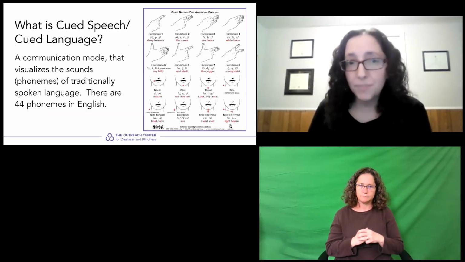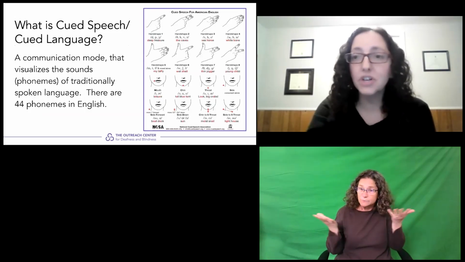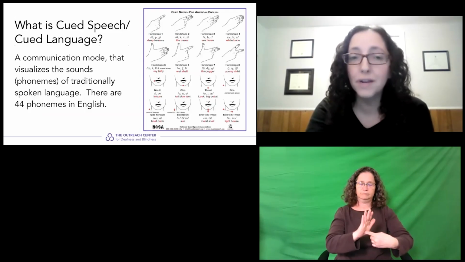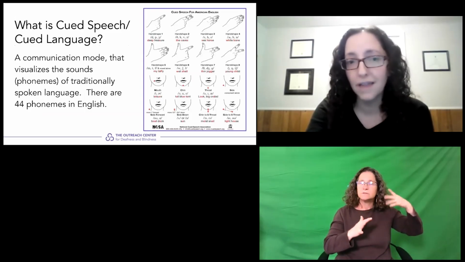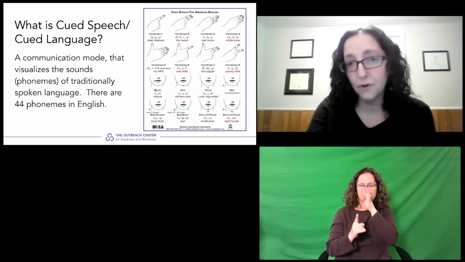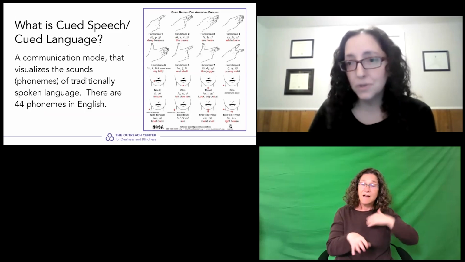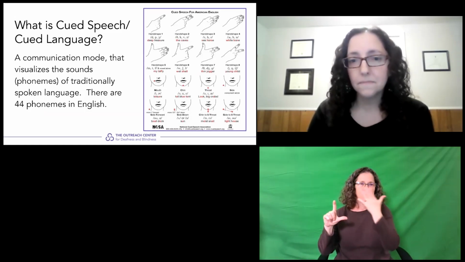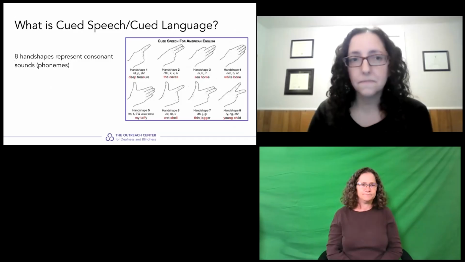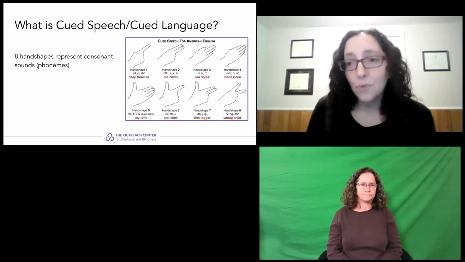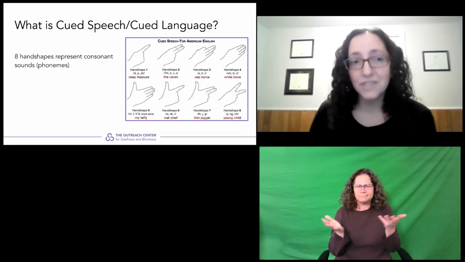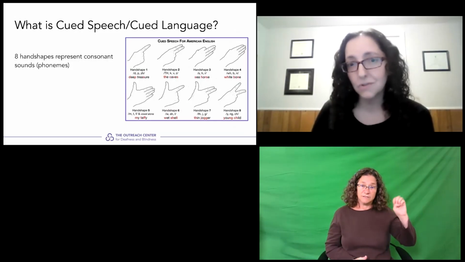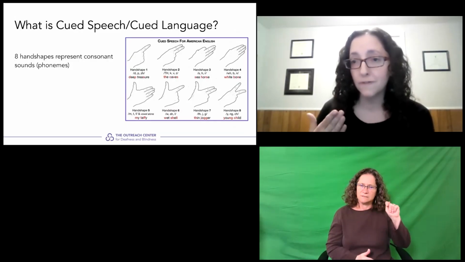What is cued speech, cued language? It's a communication mode that visualizes the sounds or phonemes of traditionally spoken language. There are 44 phonemes in English, and this is what the system looks like. There are 8 hand shapes that represent the consonant sounds, also called phonemes, and I'll show you what it looks like.